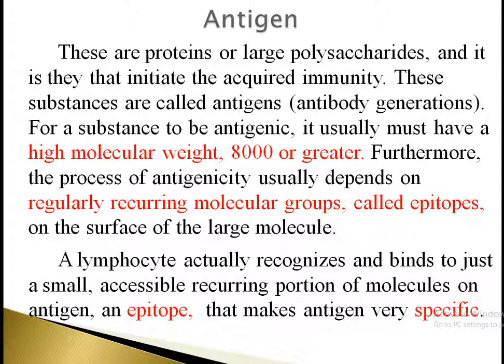These are proteins or large polysaccharides, and they initiate the acquired immunity. This is a very specific substance with a high molecular weight, 8000 or greater, having regularly recurring molecular groups which are called epitopes.